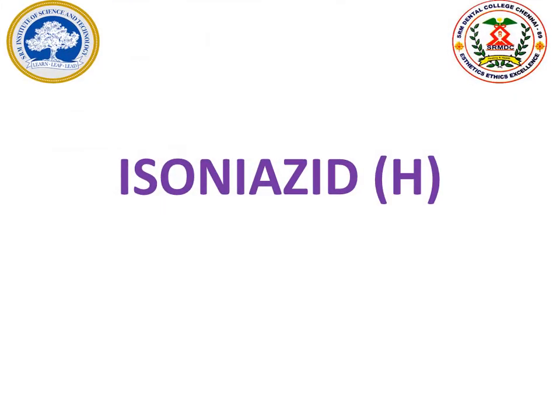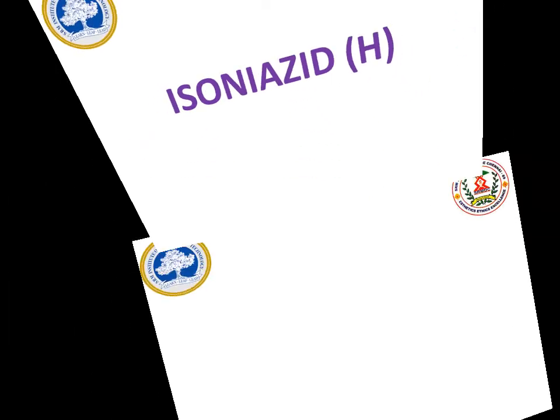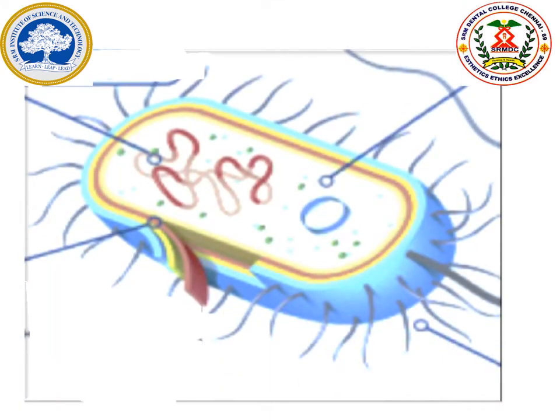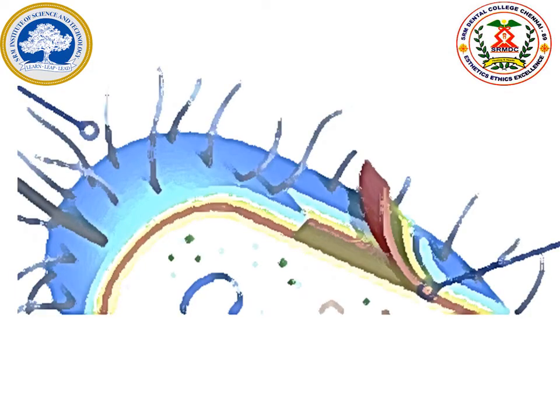The first drug is isoniazid. This is a transverse section of Mycobacterium tuberculosis. We can see the cell wall, which is protected by a waxy coat called mycolic acid, the thick structure covering the surface.